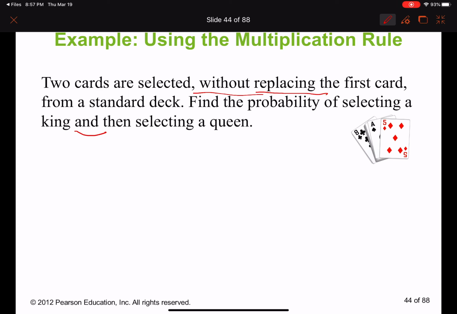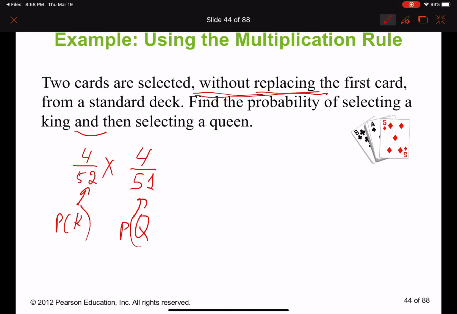So it's a sequence. Selecting a king will be 4 out of 52, and "and" means we turn it into multiplication, selecting a queen. We don't replace the king, so for the queen there will be 51 left, and times 4 out of 51. This is the probability of the king, this is the probability of the queen, right?